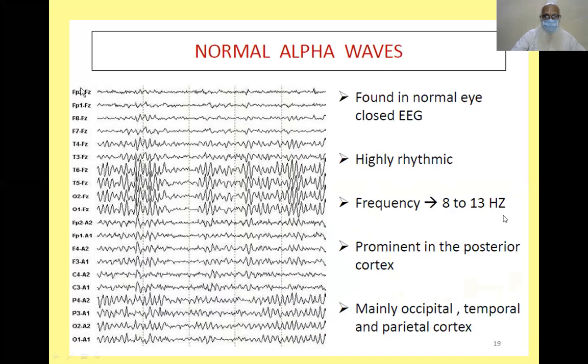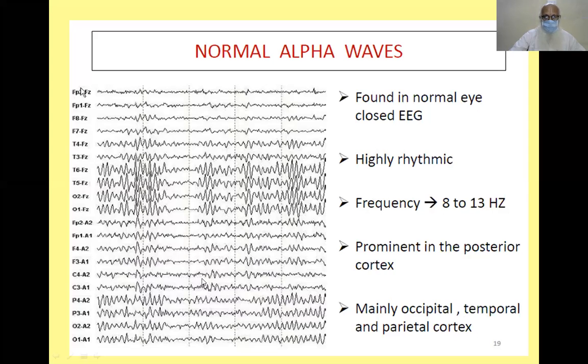Frequency is about 8 to 13 hertz. And then another thing is that there is an increase and decrease, a waxing and waning, of the amplitudes. One is the frequency, and the amplitudes are bigger, and there is a waxing and waning when you find the alpha waves. And you get them nicely, particularly in occipital and temporal regions.